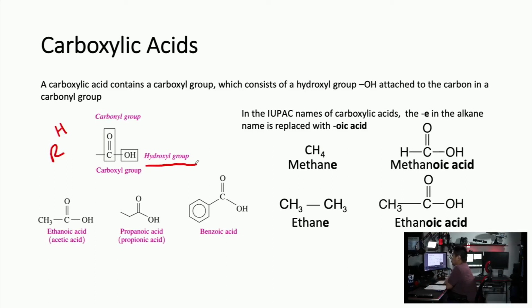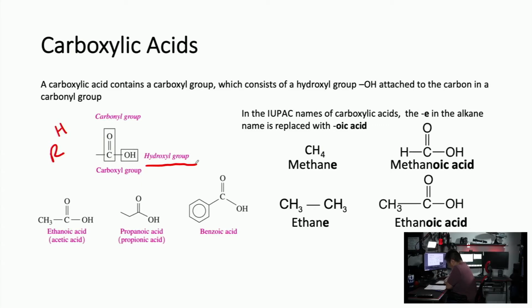And we'll be talking a lot about carboxylic acids later on in the semester when we get into the metabolism section. But for now, what you need to know is carboxylic acids have as their substituent group off the carbonyl a hydroxyl group.